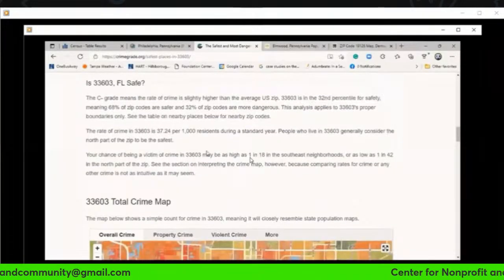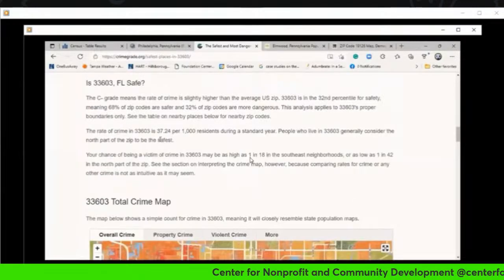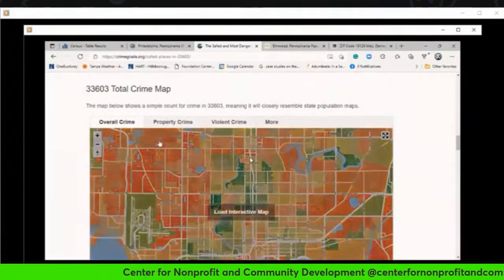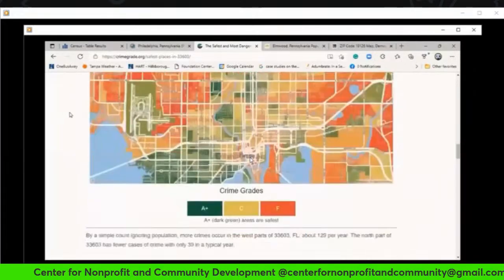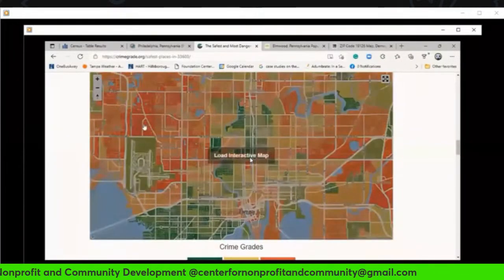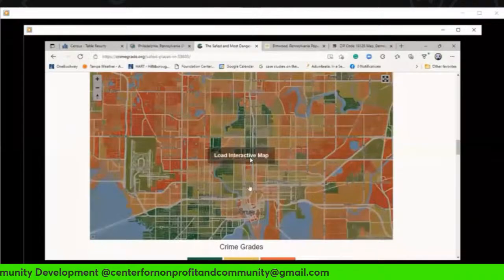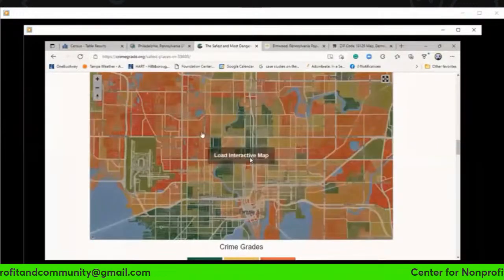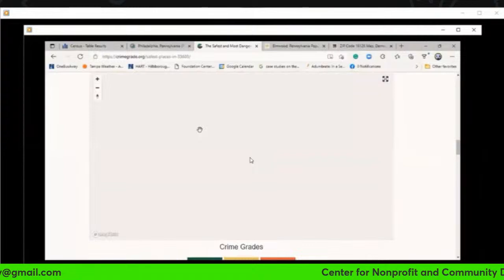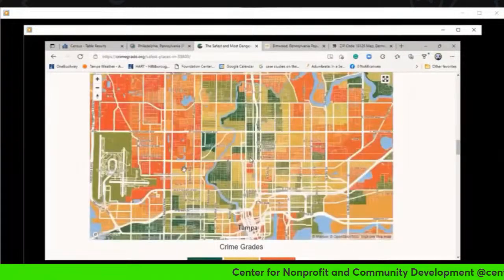Again, it talks about how safe it is, and it gives you a breakdown of why it gets the grade C. Again, I love this map right here. You can go on this map, and it's supposed to interact with you. Let me hit that button.